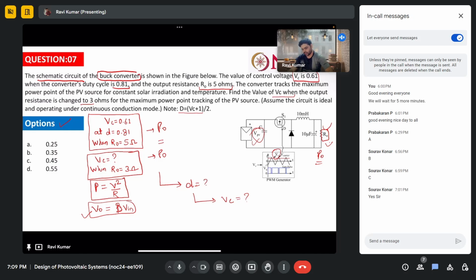P naught in first condition, then P naught in second condition, equate them, find out the value of D. What are you getting?